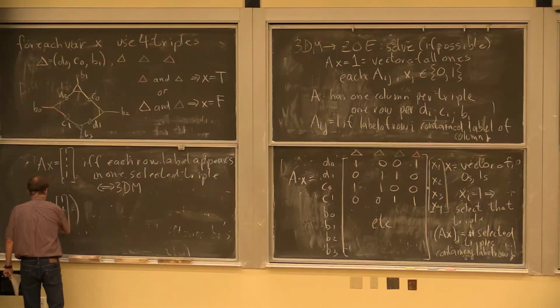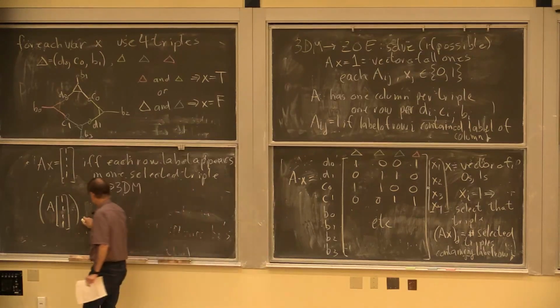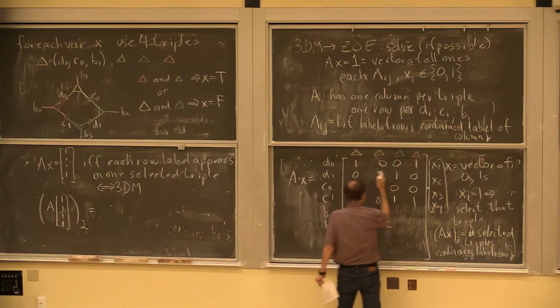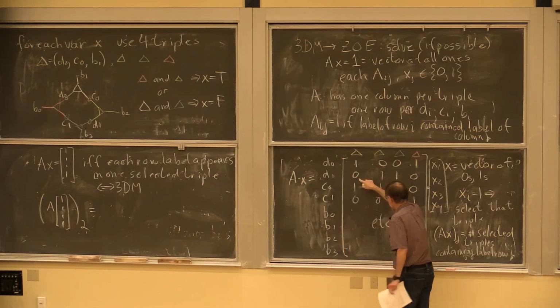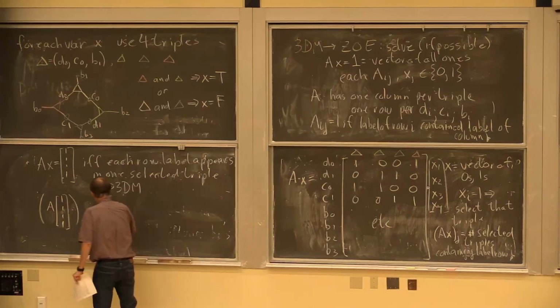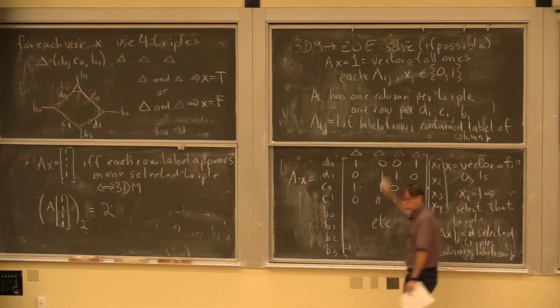I'm going to add up all the columns, and then I'll take the second entry. I'll get 0 plus 1 plus 1 plus 0, which is equal to 2. That's because D1 appears in both the green and the blue triple.